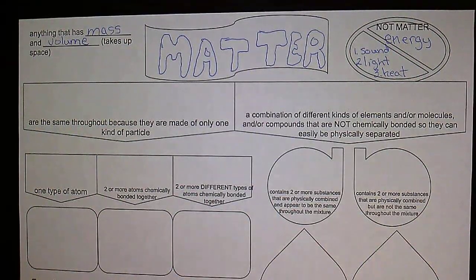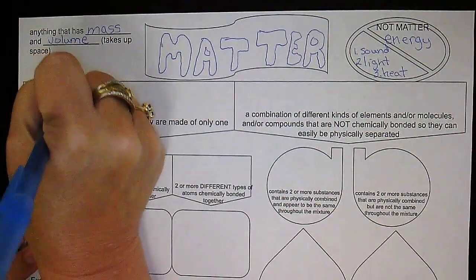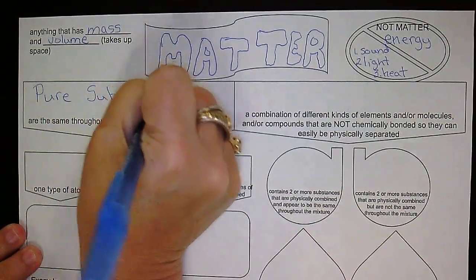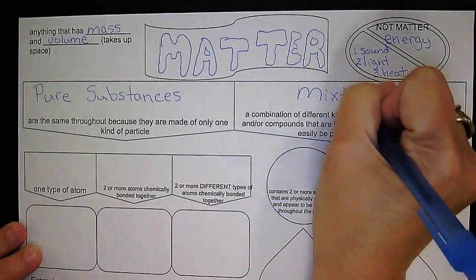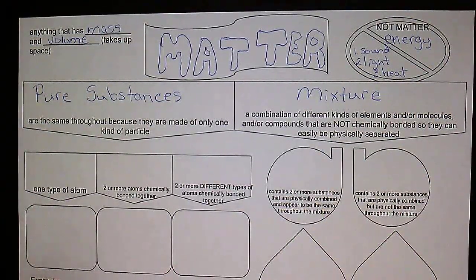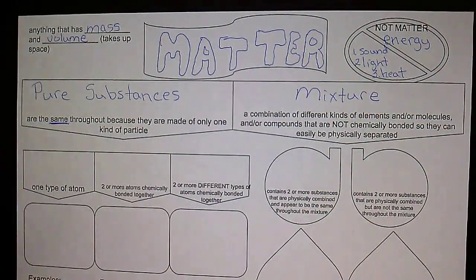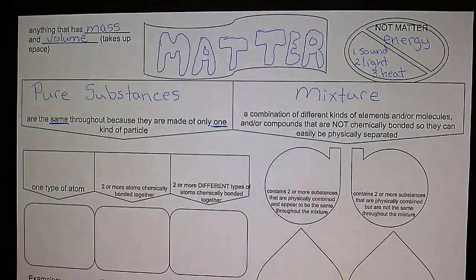Matter can be divided into 2 main subgroups, and those 2 main subgroups are pure substances and mixtures, which are not pure, right? They're just a mixture of lots of different things. So a pure substance is something that is the same throughout because it's made of only one kind of particle.